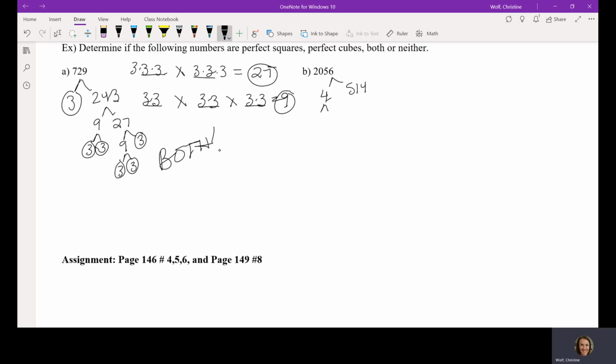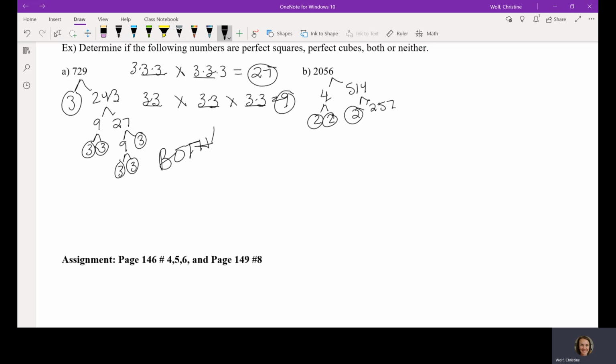And then 4 splits to 2 by 2. 514, I can do that by 2 again, and I get 2 and 257. Sorry, that was ugly. Looked like 287. 257, circle.